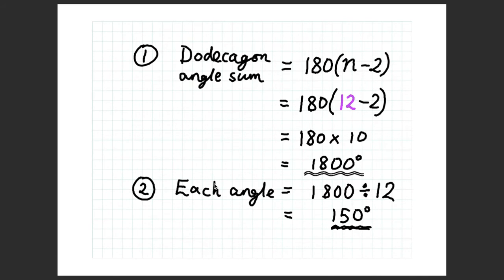And then if you want to draw a nice regular one, each angle will have to be 1,800 divided by 12, because there's 12 sides and 12 angles. That would give you 150 degrees. So if you want a nice regular dodecagon with 12 sides, all of the angles have got to be 150 degrees.